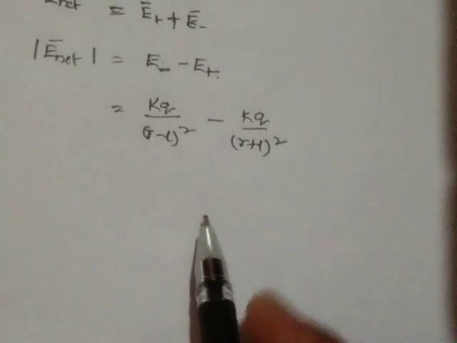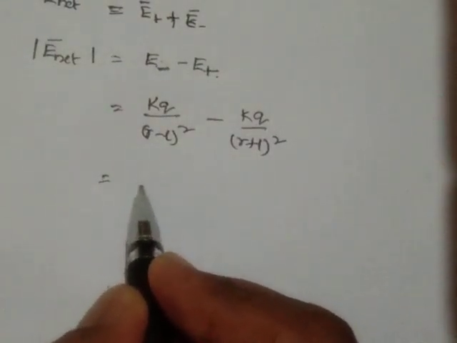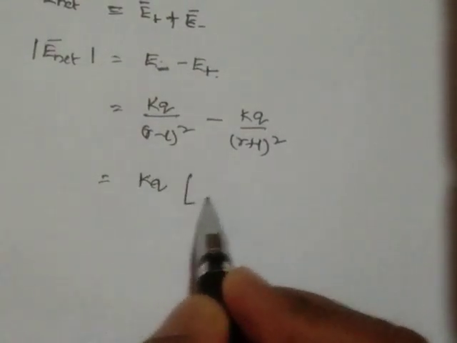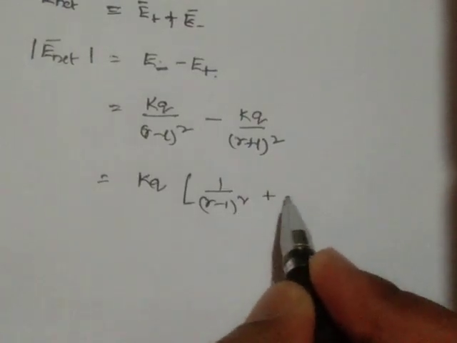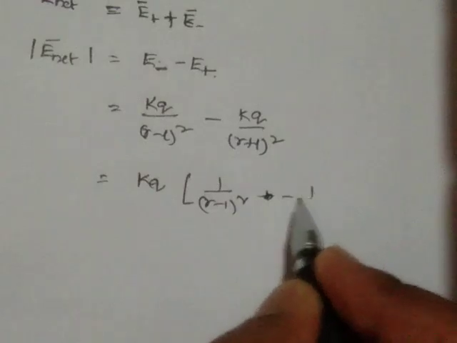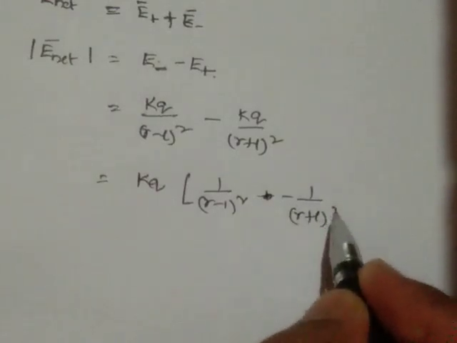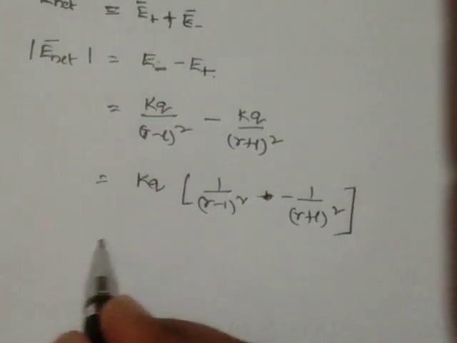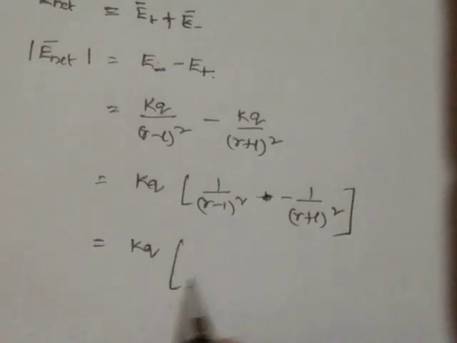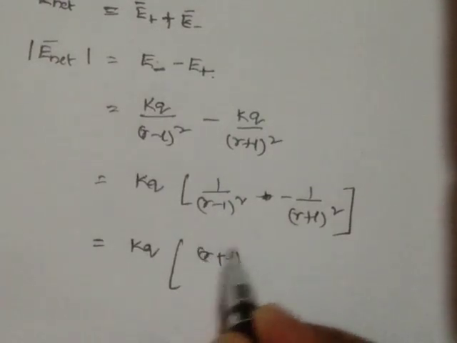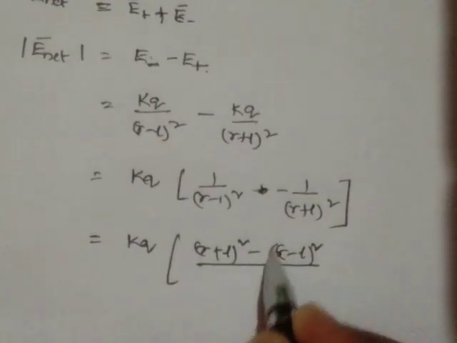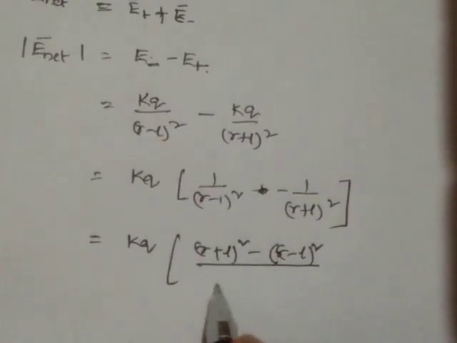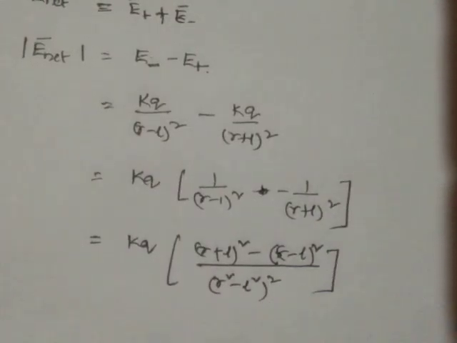Simply calculating the expression, I take kq as common: 1 by r minus L whole square minus 1 by r plus L whole square, which is kq times r plus L whole square minus r minus L whole square, by r square minus L square whole square.